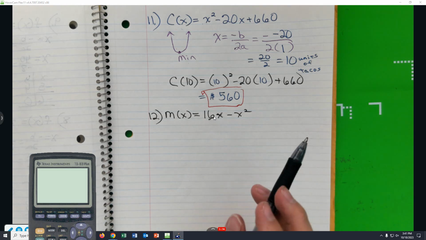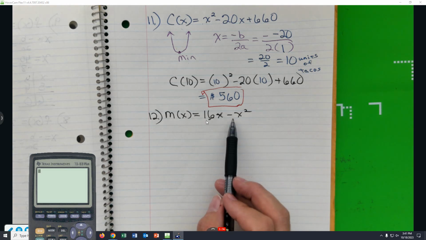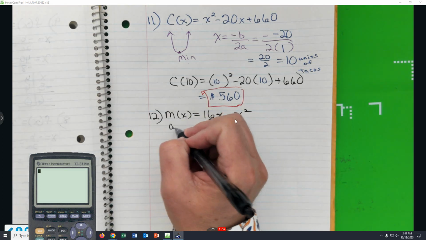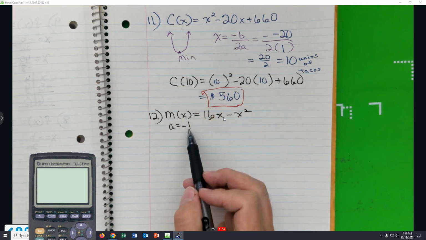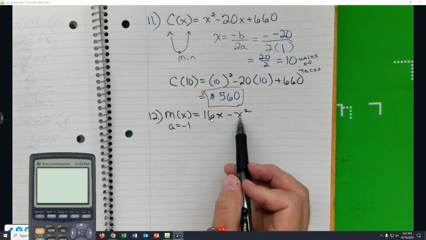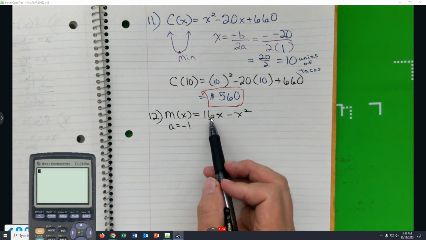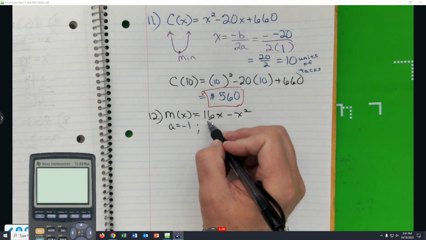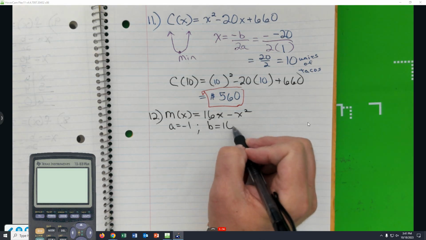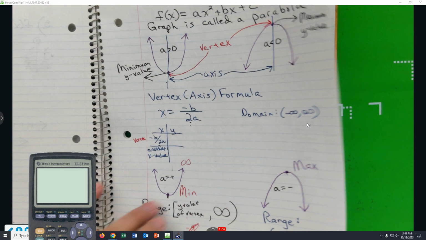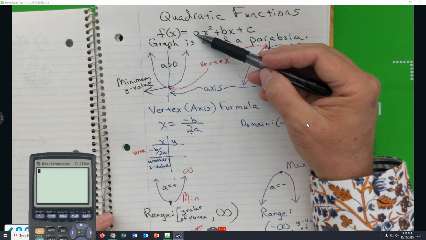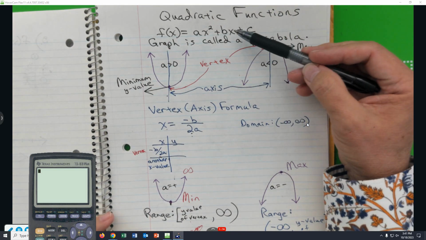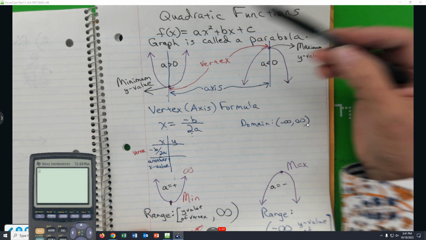What's the A value? A isn't 16, is it? A is -1. It might be helpful to write that down. A is the number in front of x squared. It's not just the first number. In this case, 16 is the B value. Remember, A is the number in front of x squared. The number in front of x is the B value.